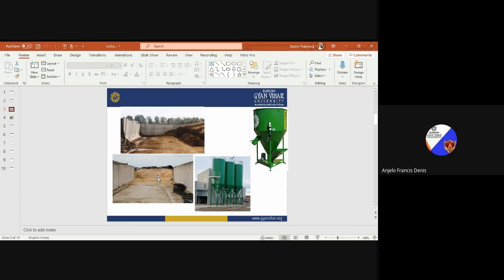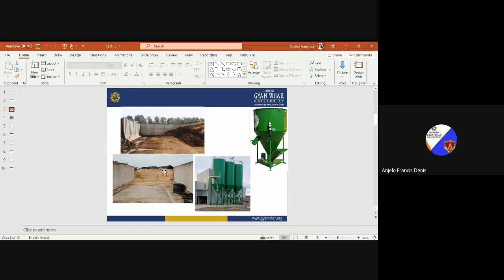These are above the ground surface, and the size is not limited. It is up to the choice of the user or the owner. In this method, we store the feeding items and can remove them daily to feed the animals.